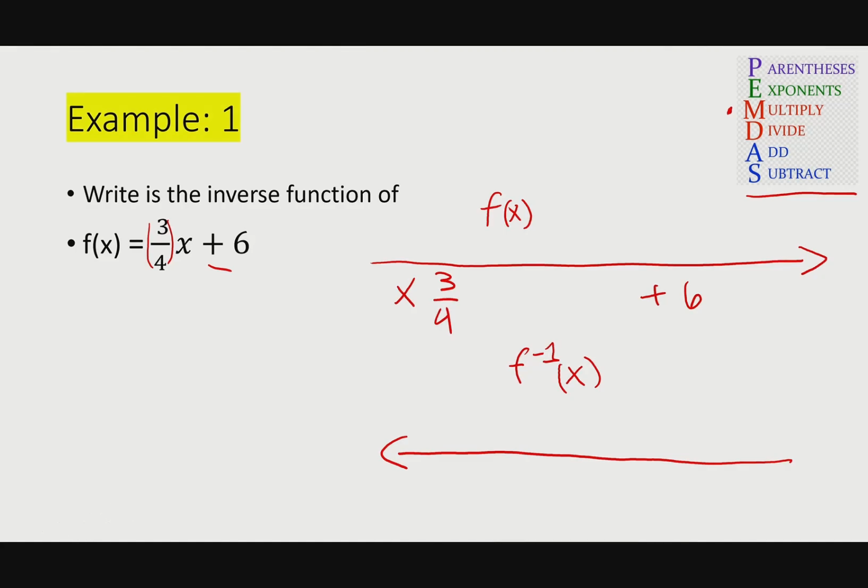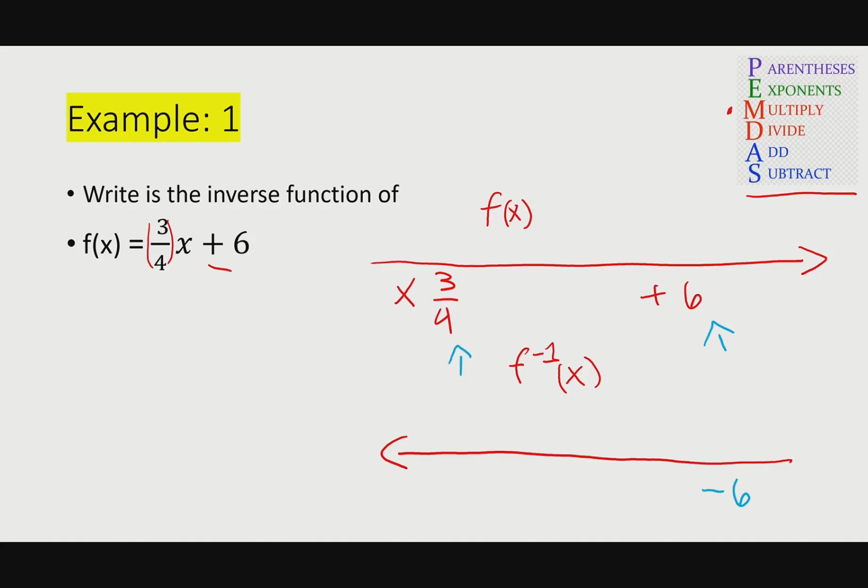So the last thing our function did was add 6. So we want to go in the reverse order and undo this. So if we lastly added 6, the first thing we want to do for our inverse is undo that. So we want to subtract 6.